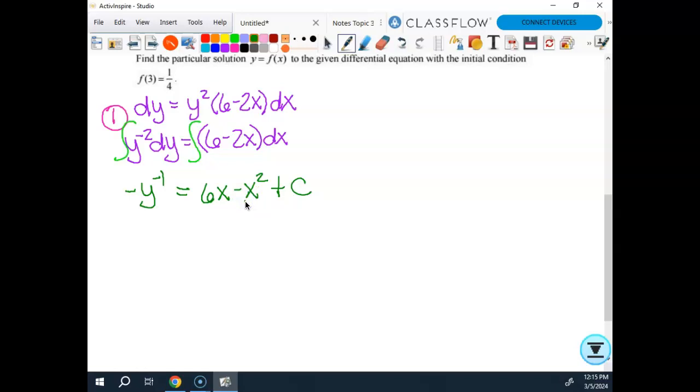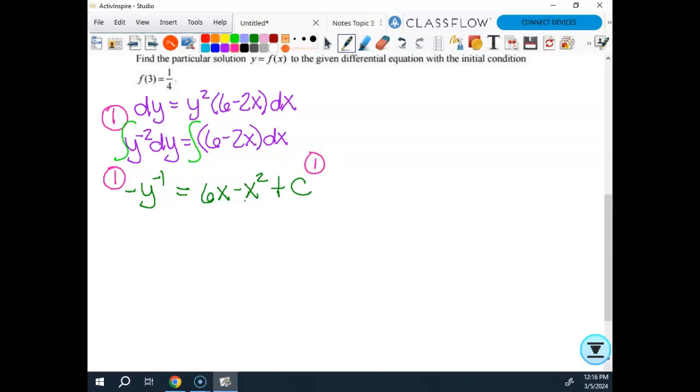Okay? But we've integrated both sides. That is another point. Okay? Everybody okay with that? All right, good deal. And then I have my plus C, so that's another point. There's 3 of your 5 points that you could get right there.